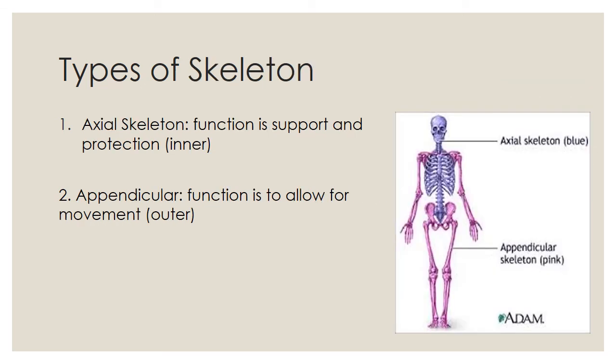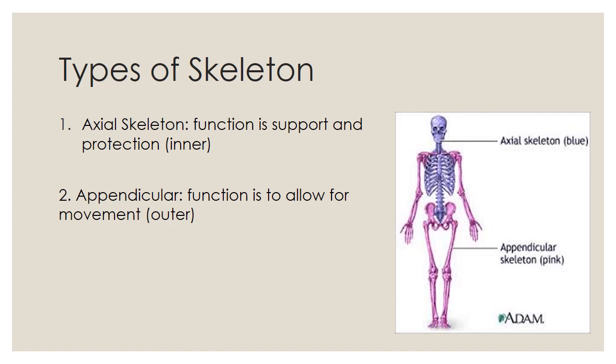And then there's also two different types of skeleton. There's the axial skeleton and the appendicular skeleton. The axial skeleton, if you look at the diagram, is in blue. So the function of the axial skeleton is to support and protect. It's the inner skeleton.